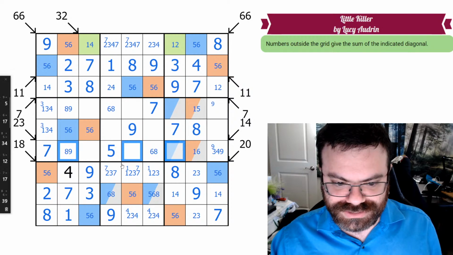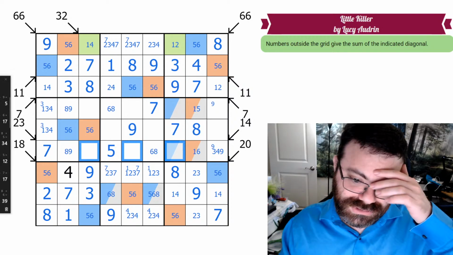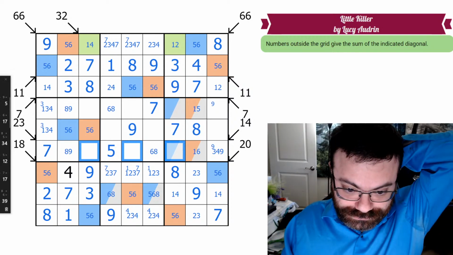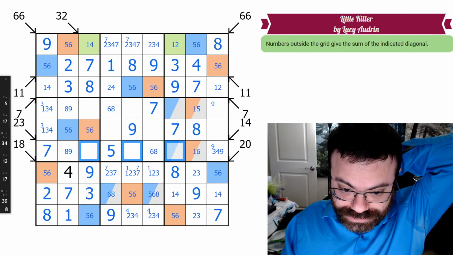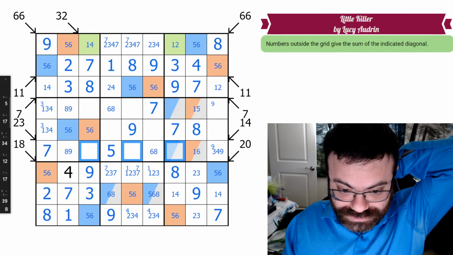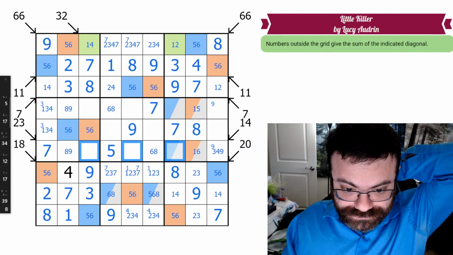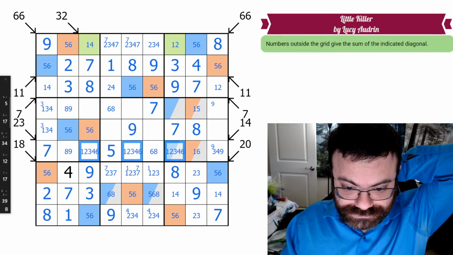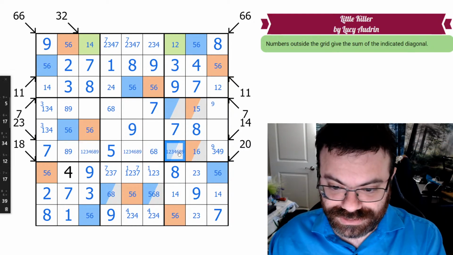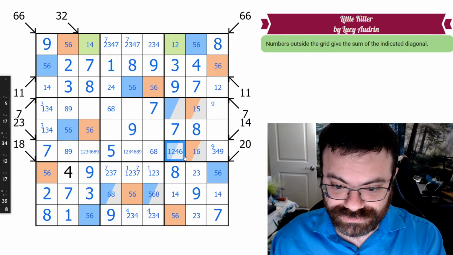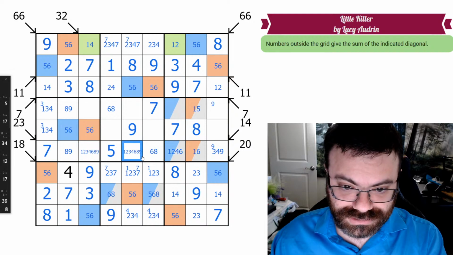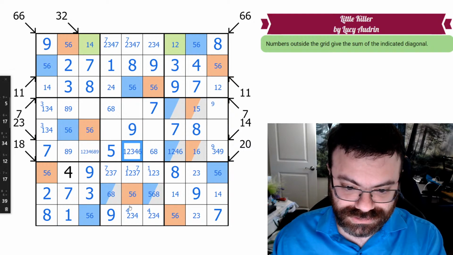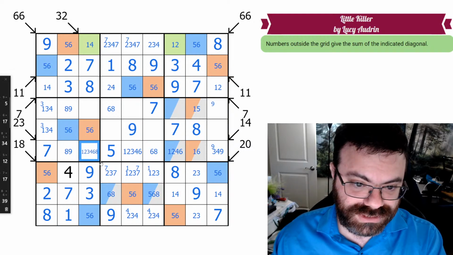I guess I could fill the rest of this row just to see. So just generally the row only has a 5 and a 7 given, so that's unfortunate. So this can't be 8 or 9 or 3. This can't be 8 or 9. 1, 2, 3, 4, 6. That's awful. This can't be 9.